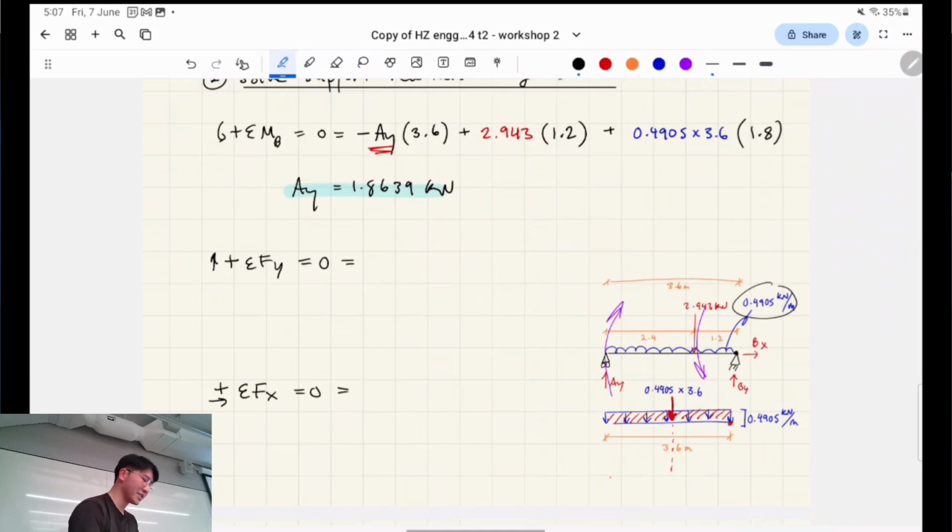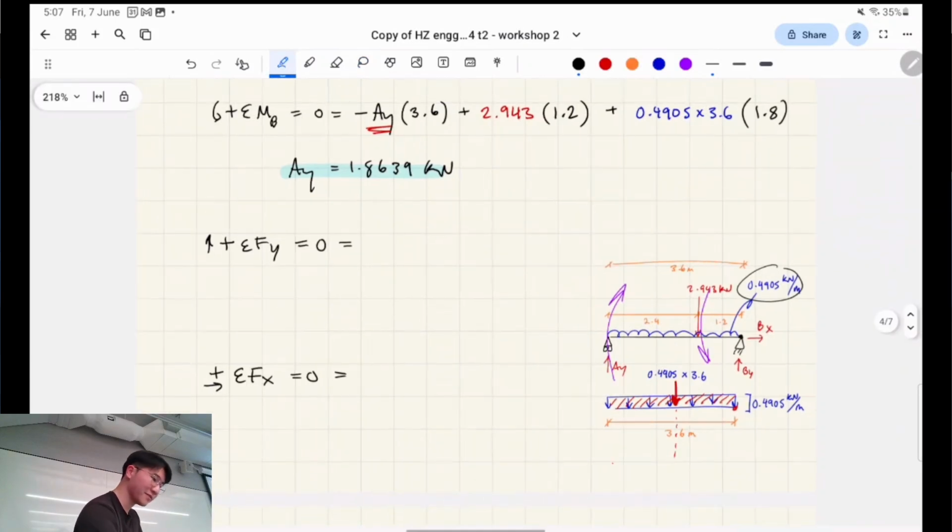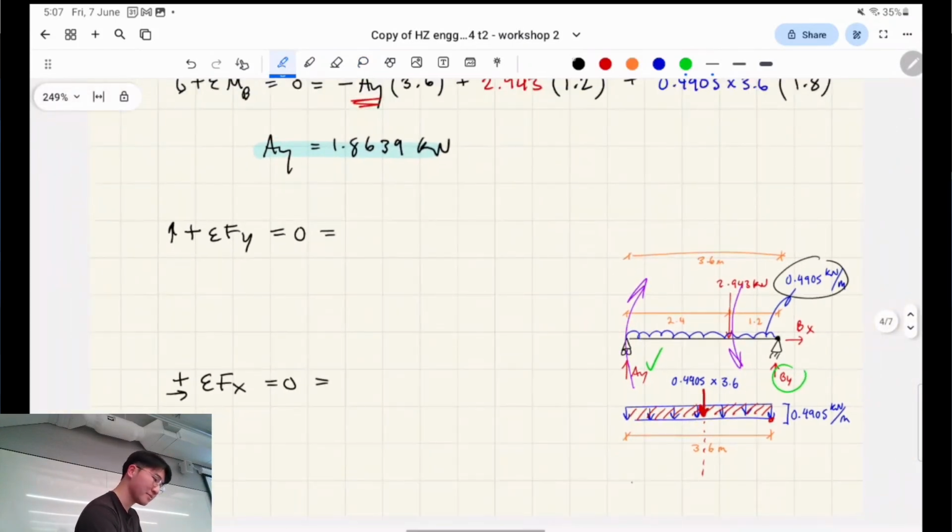Okay, now we're looking at the sum of the forces next, right? Since we've worked out Ay, now next let's work out By, that tiny one in the corner there. We're just thinking in terms of forces now, so this is quite easy. Anything that goes up, we'll make a positive magnitude. Anything that goes down, we'll make a negative magnitude.